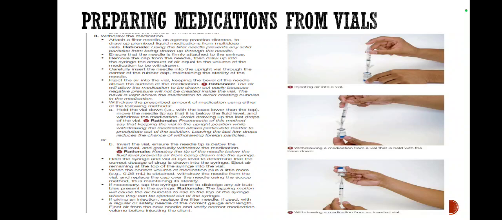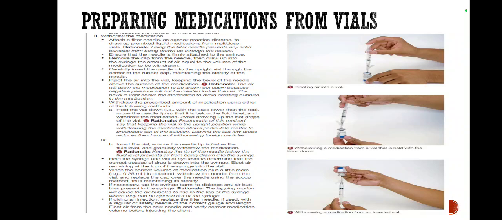After knowing that, you will withdraw the PNSS or sterile water and inject it into the vial. Wait for the powder to dissolve, and make sure that the powder is fully dissolved in the sterile water.